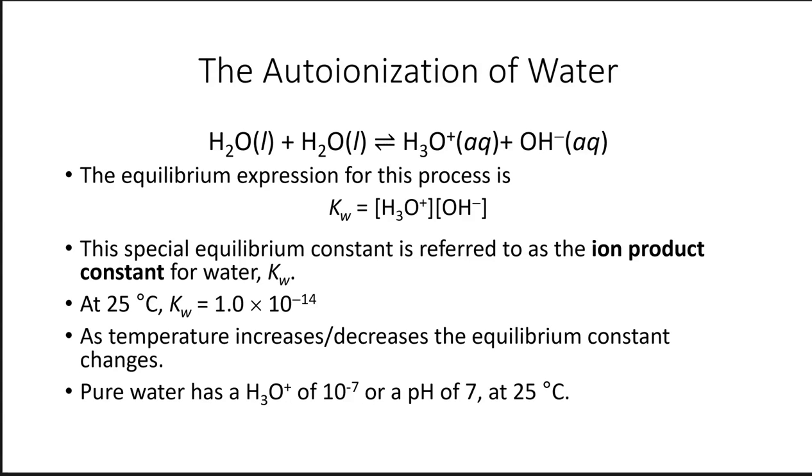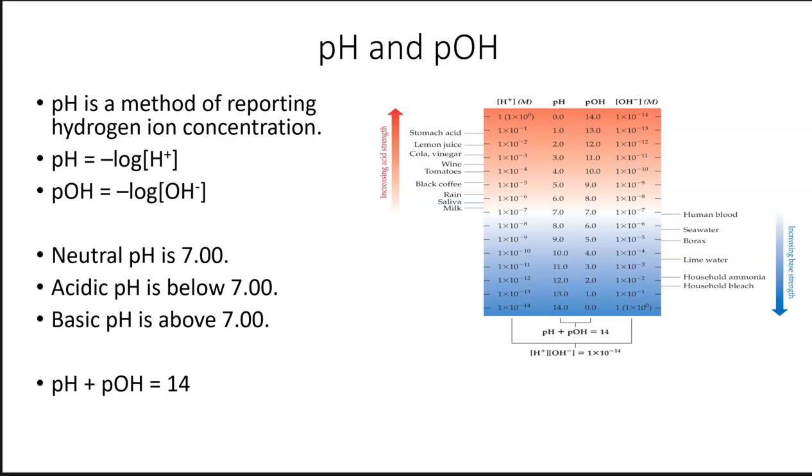So we can relate Kw through our expression here and talk about finding pH and pOH. So pH is just the negative log of the H plus molarity. pOH is the negative log of the hydroxide concentration.